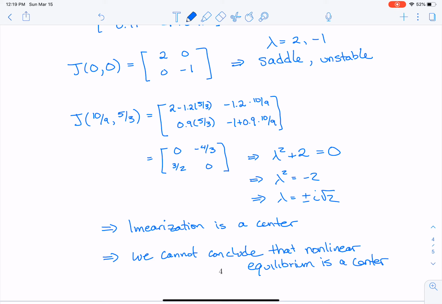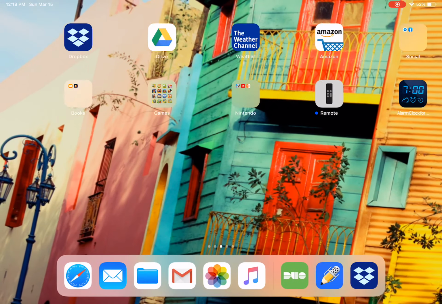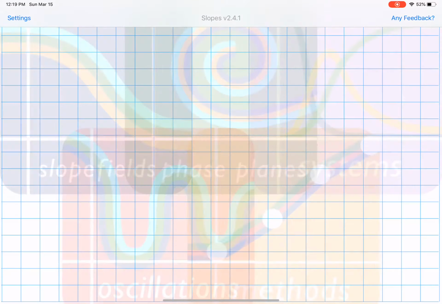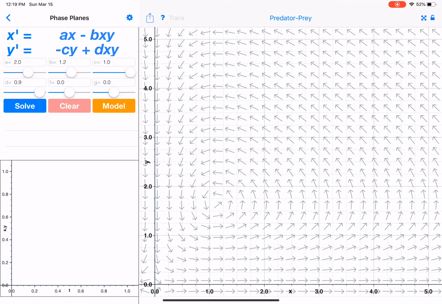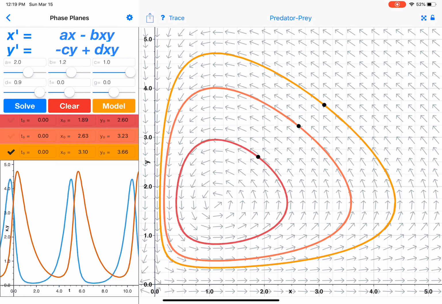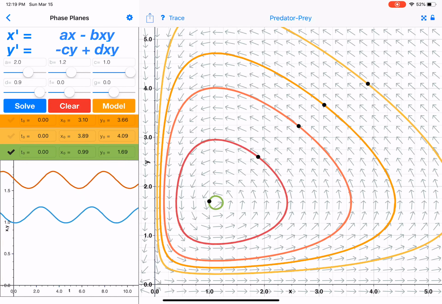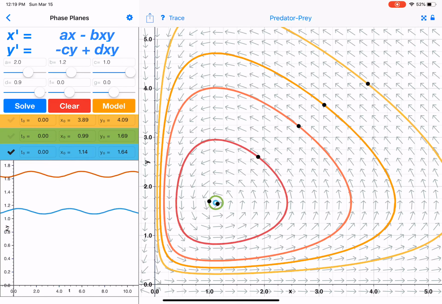But did this give us some sort of hint as to what's going on? The answer is yes, it did. So I'm going to flip over to Slopes and bring up the phase plane. This is the predator-prey system, and you'll notice when I put in some solutions that it certainly looks like that equilibrium point is actually a center.